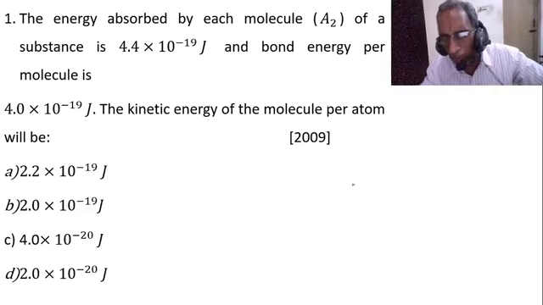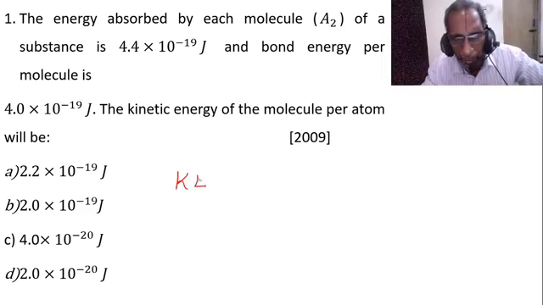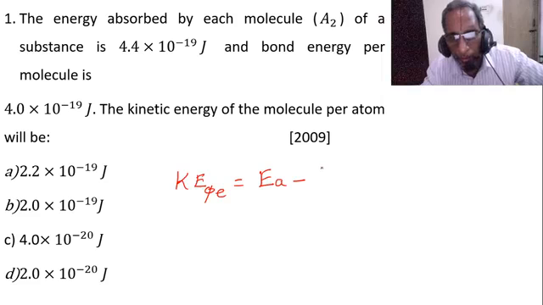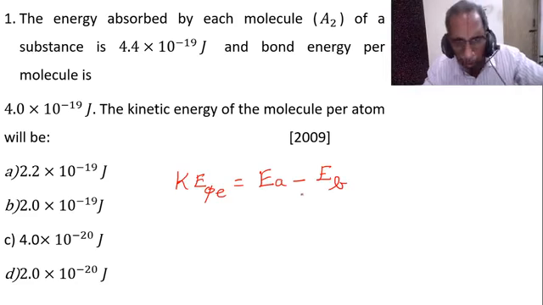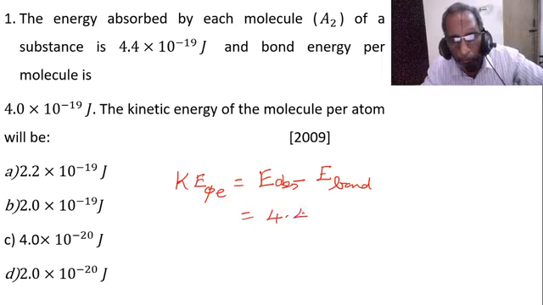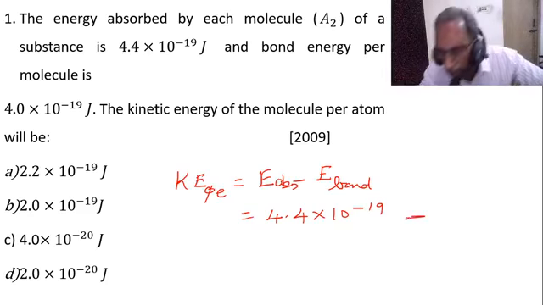Everybody please make a note. Kinetic energy of photoelectrons is equal to energy absorbed minus energy of the bond. Here the energy absorbed is given as 4.4 into 10 power minus 19, minus the bond energy.